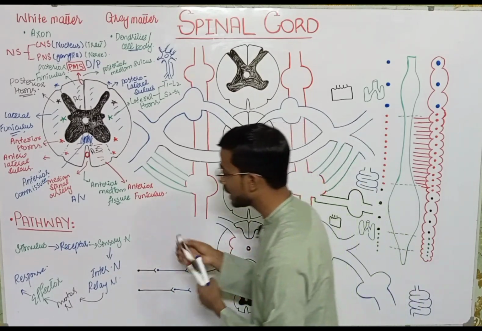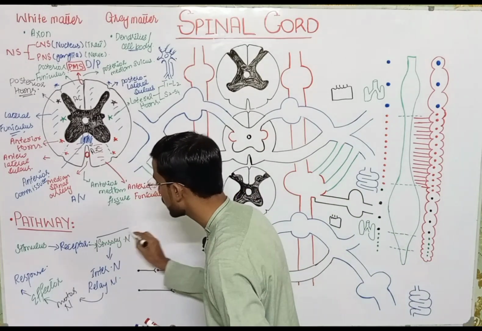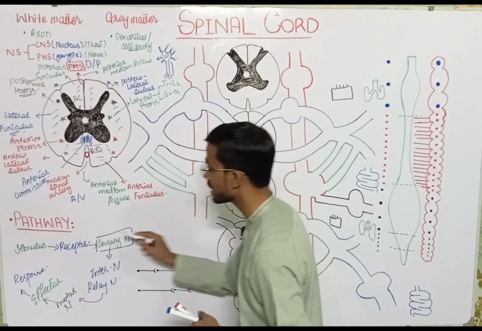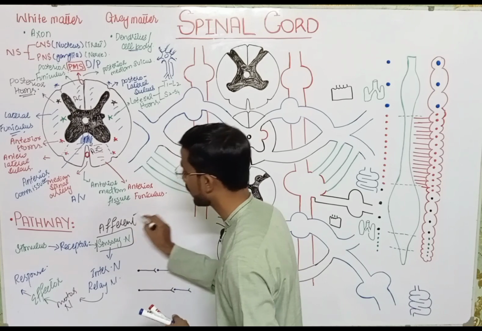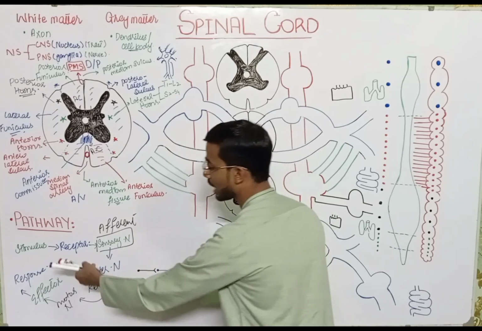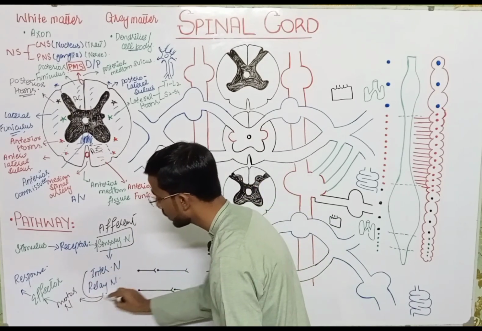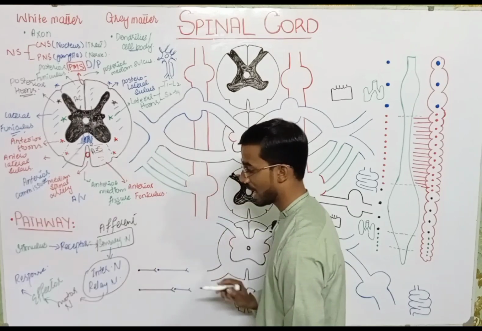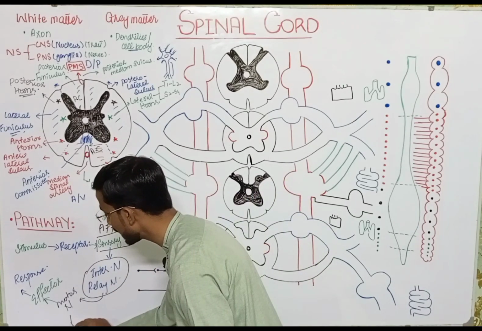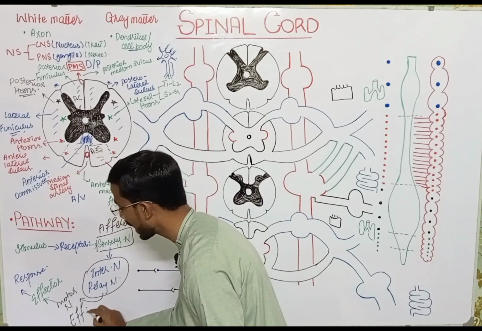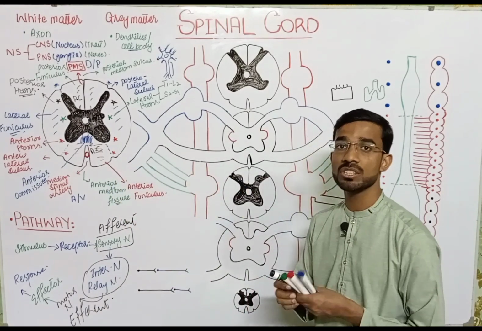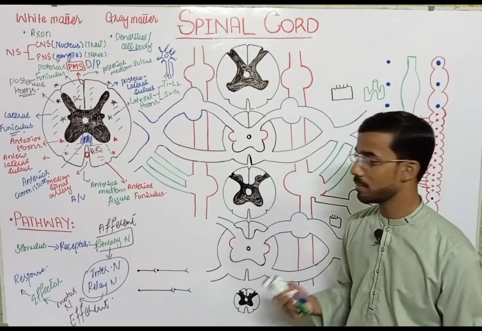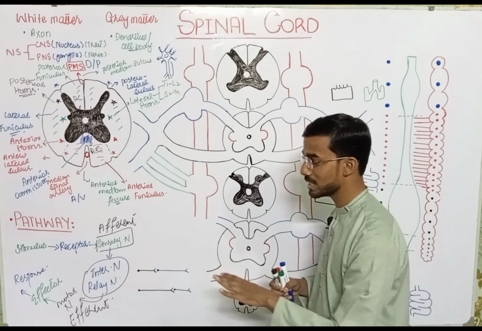The other name of the sensory neuron is afferent neuron, which carries the message towards the central nervous system, and the motor neuron is also called efferent, which carries the message away from the central nervous system, which is composed of the interneuron, brain and the spinal cord.